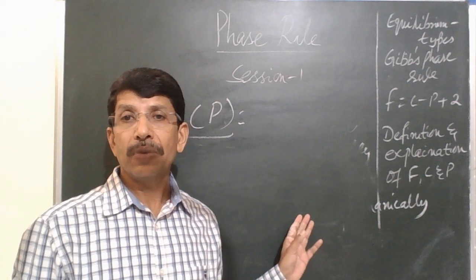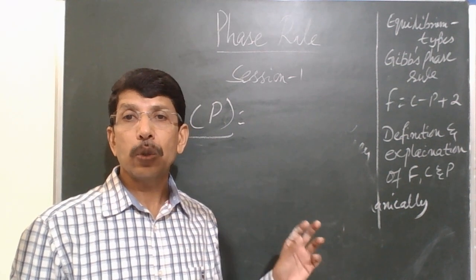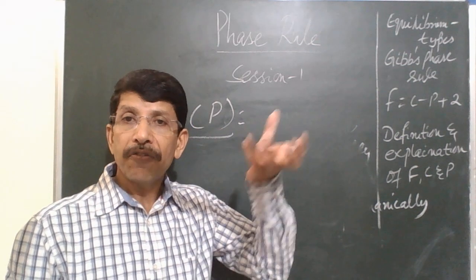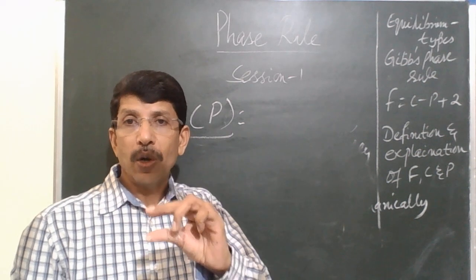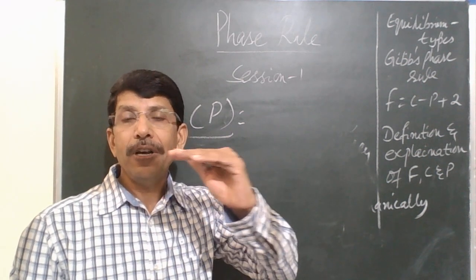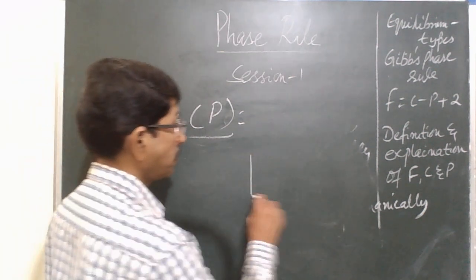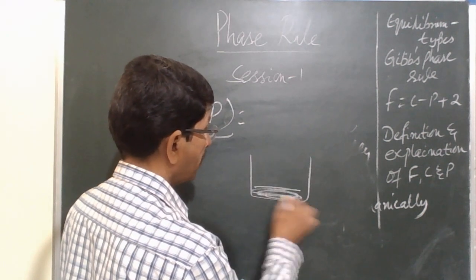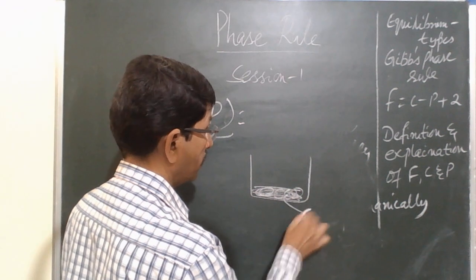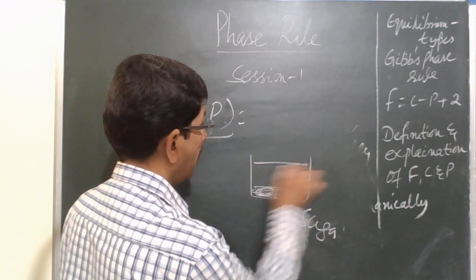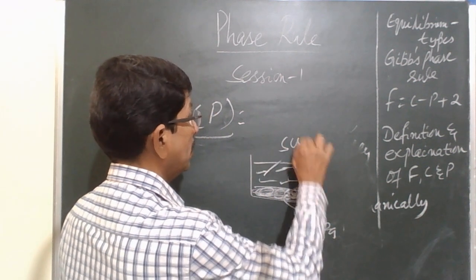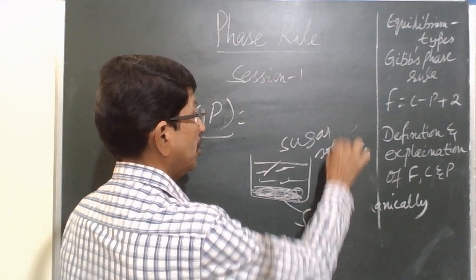So when we consider saturated sugar solution, you have an aqueous phase and you have a solid phase, and both of them have a clear boundary of separation. As I said, this is solid sugar and this is sugar solution.